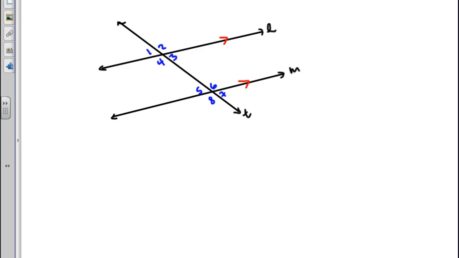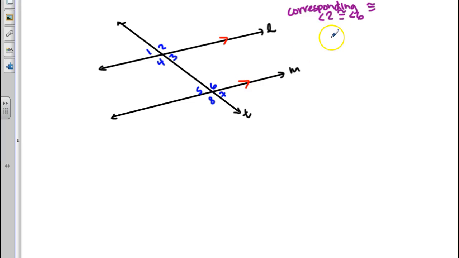And so like angles 2 and 6 would be corresponding angles. Corresponding angles are congruent when we are dealing with parallel lines cut by a transversal. Now we saw that that's not always true with lines that aren't parallel, but with parallel lines you can see if I pick these 4 up and put them right here, they're going to be exactly the same size. So corresponding angles are congruent.